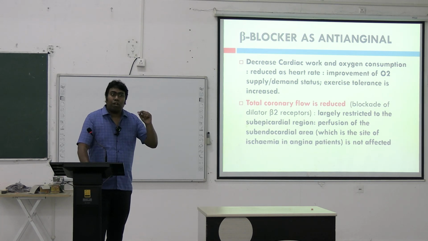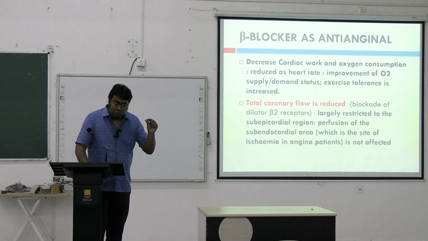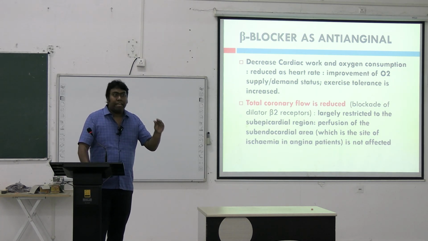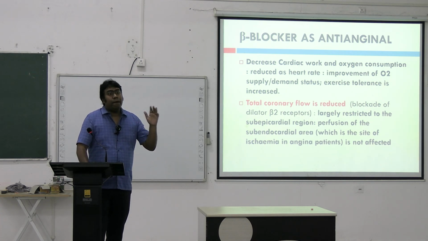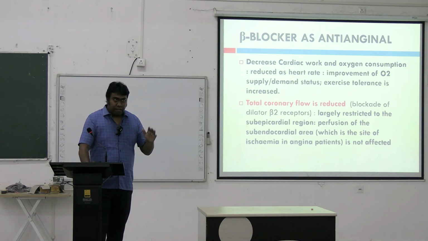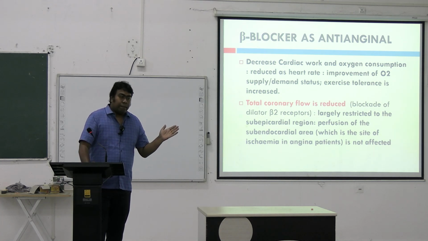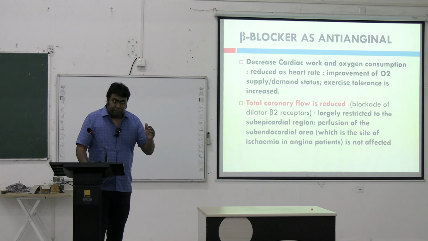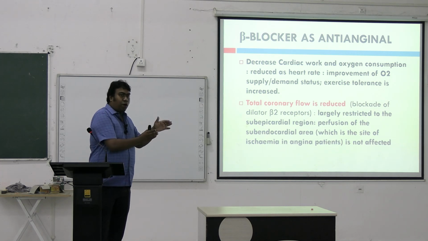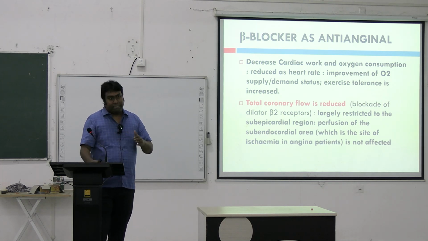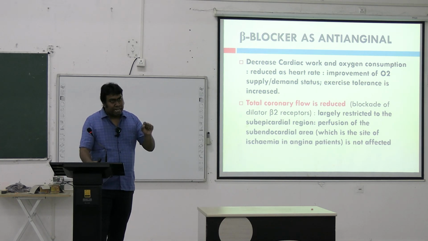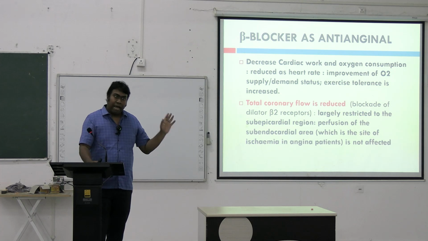So by blocking beta 2, they are not interfering with the blood flow in the subendocardial region. In other terms, there is more blood there. If less goes to the epicardium, then more will go to the endocardium. Clear? So by blocking beta 2, non-selective beta blockers are also helpful for angina.